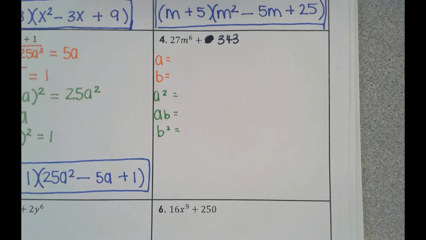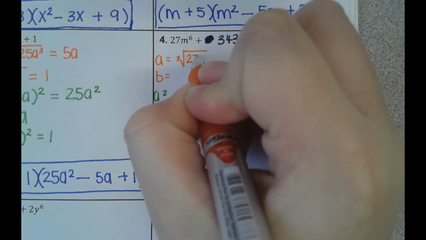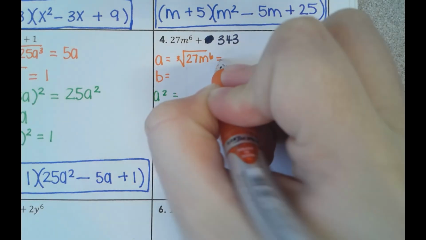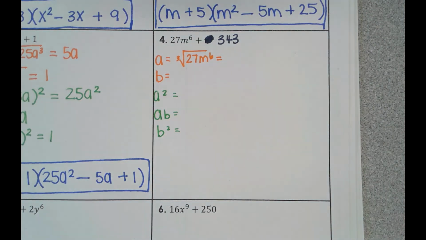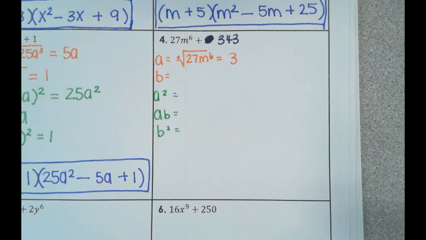All right. So number 4, your a, that's the cubed root of 27m to the 6th. Well, the cubed root of 27 is 3.